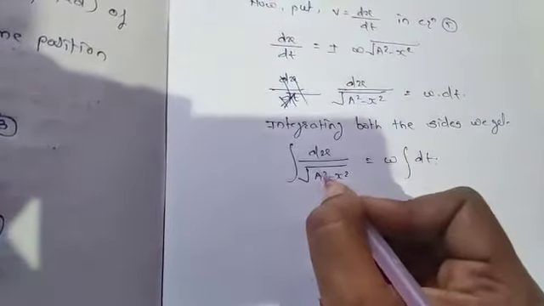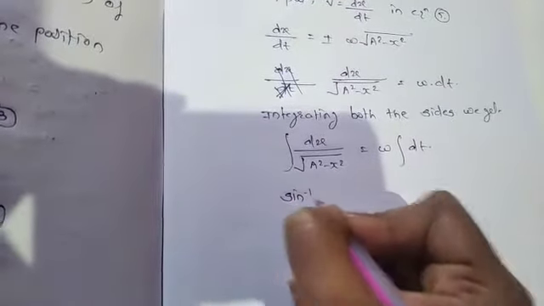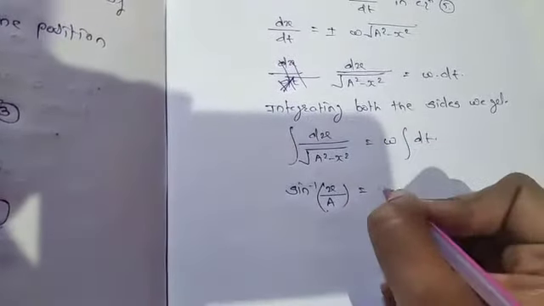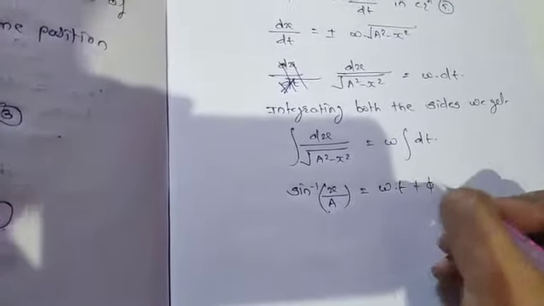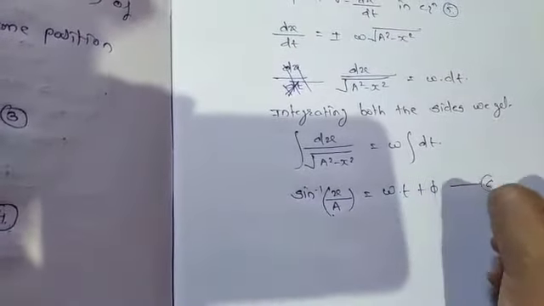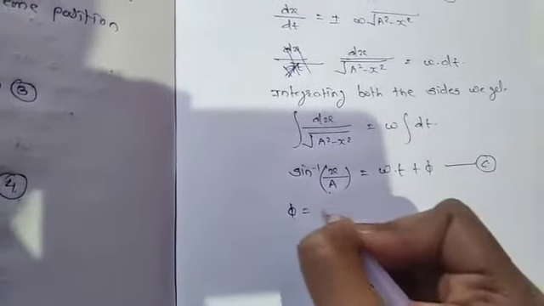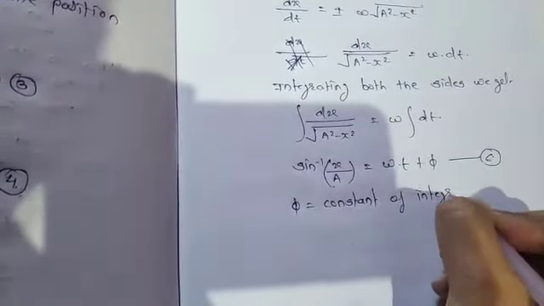1 upon under root of a square minus x square is nothing but the sine inverse of x by a. It is equal to omega times the integration of dt, that is t, plus phi, which is nothing but the constant of integration.